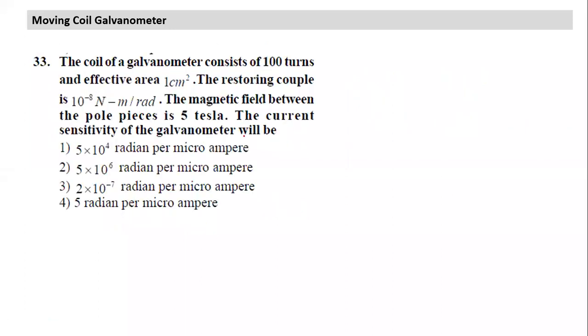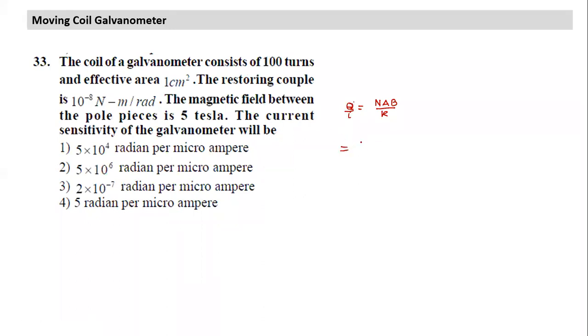Okay, let's read this question. These are also very simple ones. What is the current sensitivity of the galvanometer? By now we have seen, again, we can start from the basics, or we can say the current sensitivity is equal to N into A into B by K. That's the current sensitivity, theta by I. So all this is pretty simple.